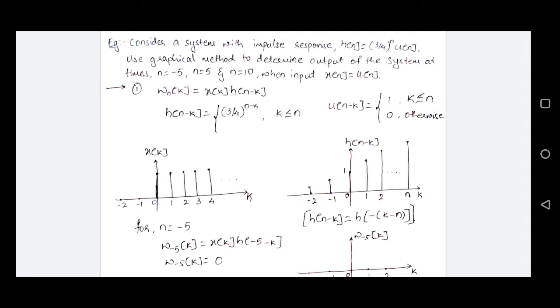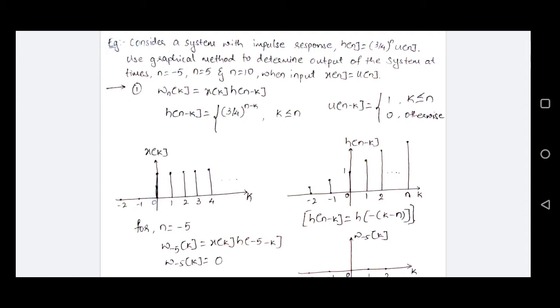This is the problem statement. In this problem statement, we have two sequences. Input, which is defined as x of n, whose nature is the unit step function u of n, and the impulse response of an LTI system, which is defined as h of n, which is an exponential sequence, only a right-sided sequence because of this u of n. (3/4) to the power n is an exponential signal.